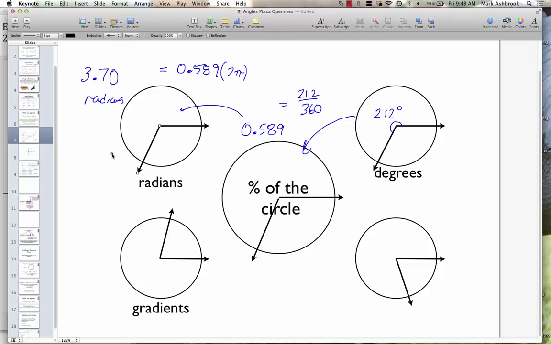Gradients is another way of measuring angles. It's based on a full rotation being 400 gradients.